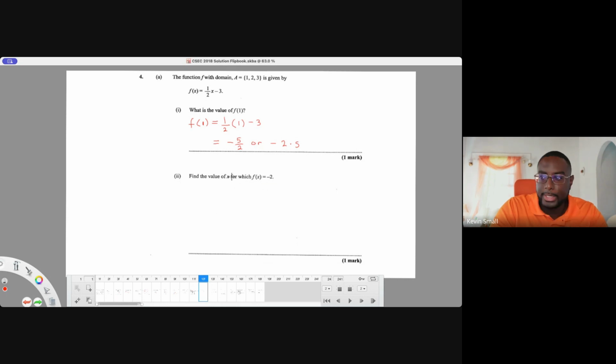So it is saying the function is equal to -2. In other words, the half x minus 3 is equal to -2. That's what that question is saying. Okay, then say plug in -2. That's where people are gonna get it wrong.